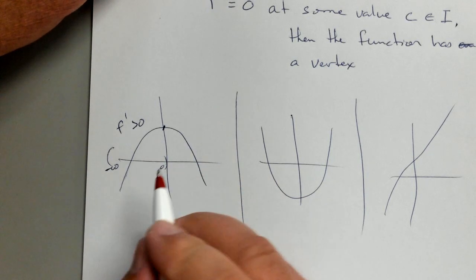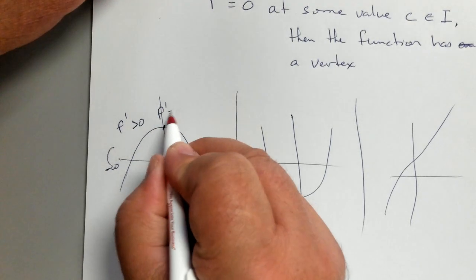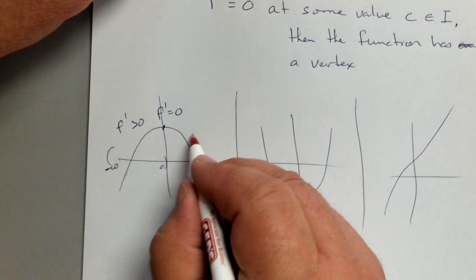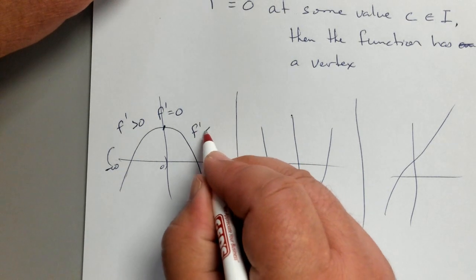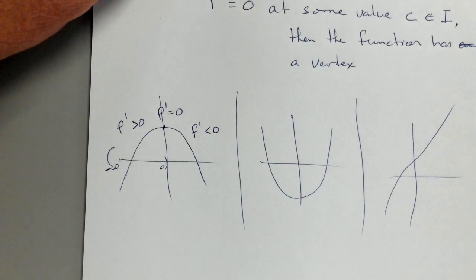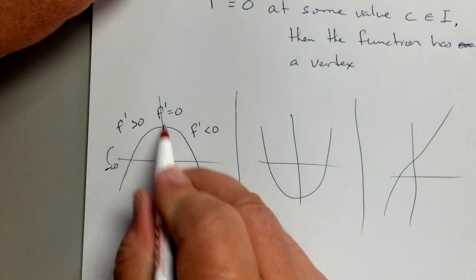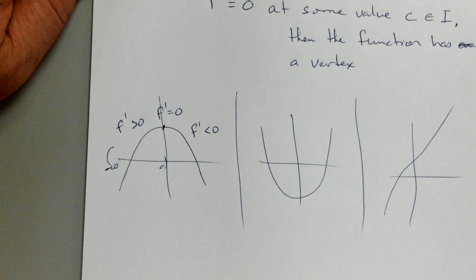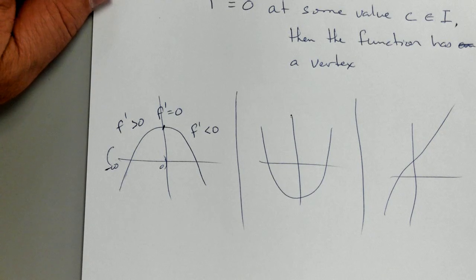At 0, the first derivative is 0. It has no sign. And on the right-hand side, the first derivative is less than 0. So at 0, in this first picture, there is no sign. The first derivative is neither increasing nor decreasing.